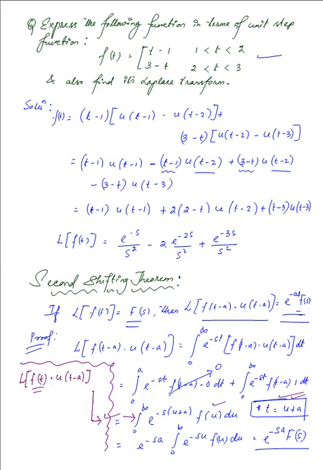So I'll be using that over there. So this is e raised to the power minus s, and we are using the same thing, that is u plus a supposedly.